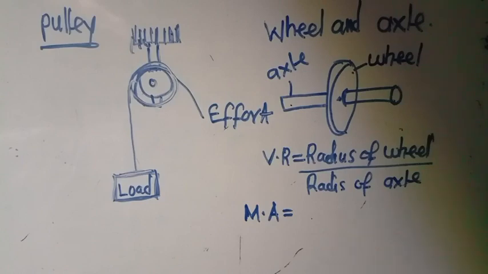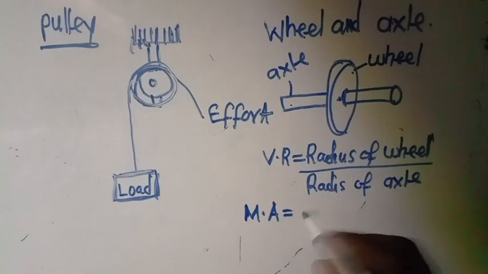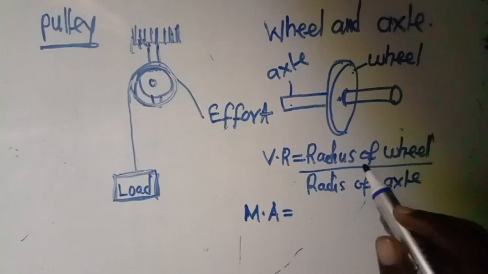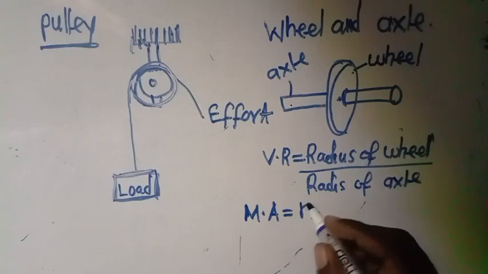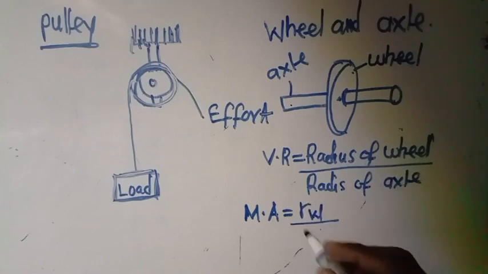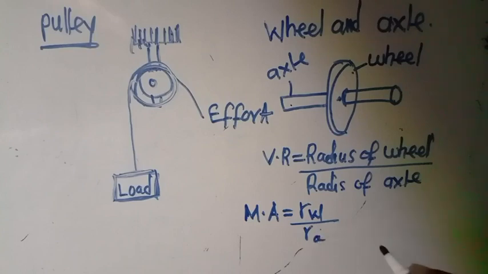So we just use the same formula: the radius of the wheel over the radius of the axle. It is just one and the same thing. These are some of the things that we need to understand.